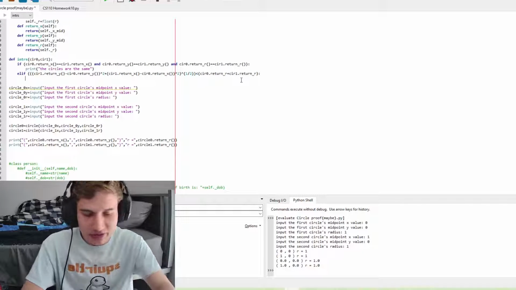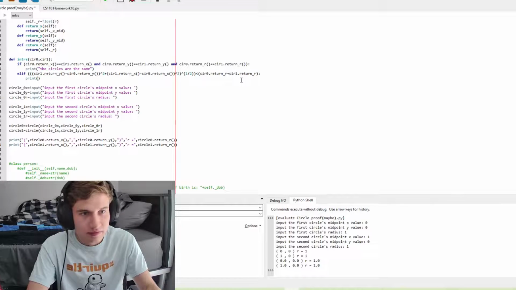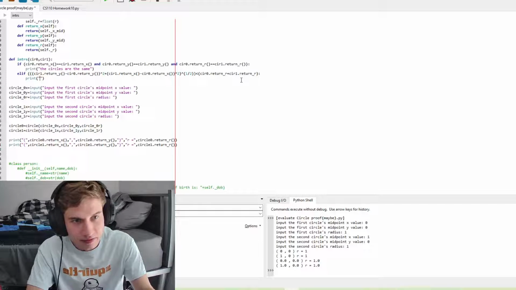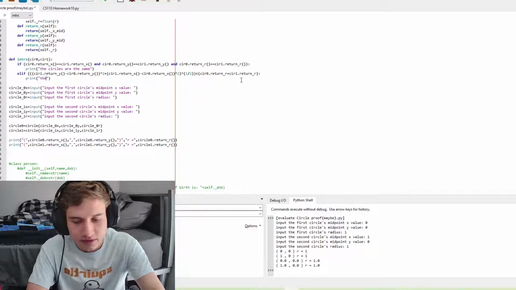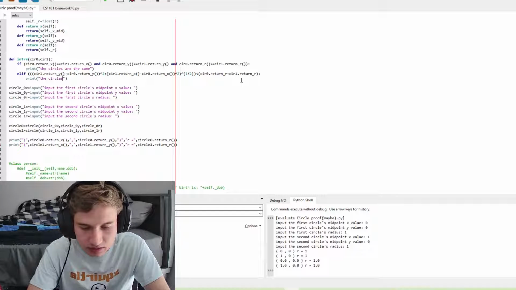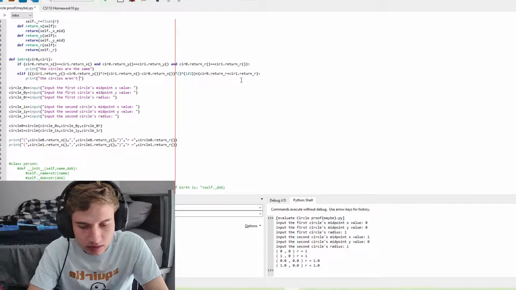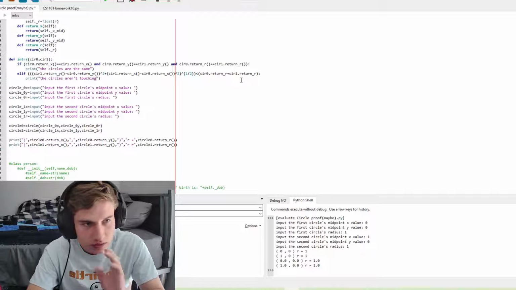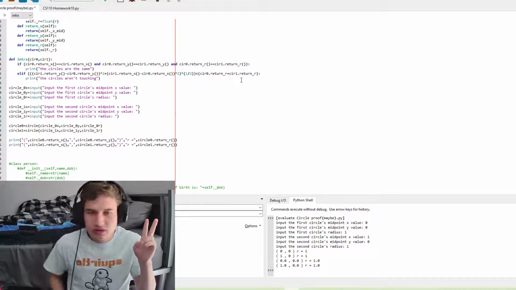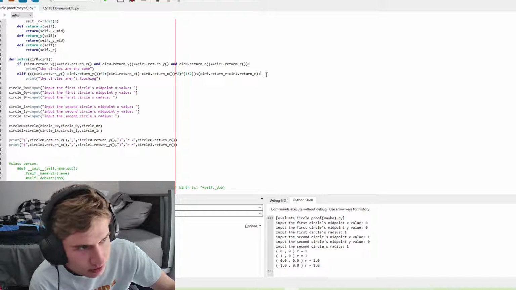Okay, I think that works. So that's just for two situations. There's going to be a third where the circles aren't touching.